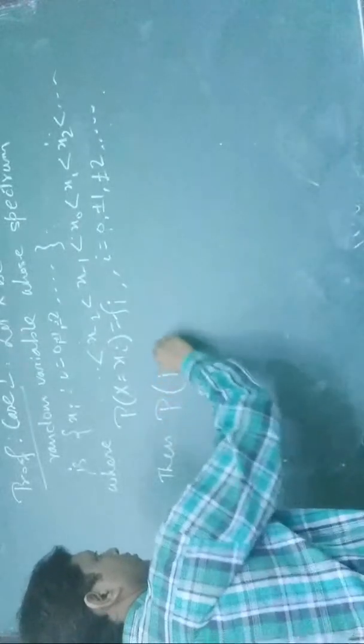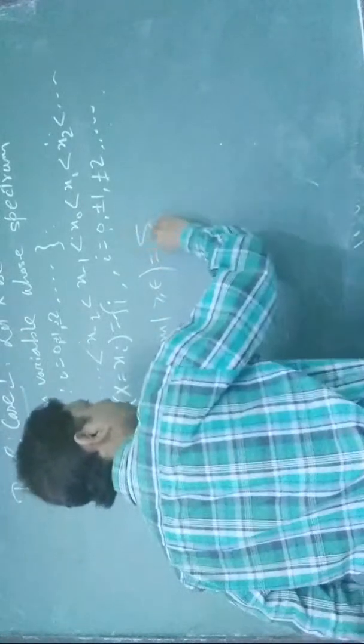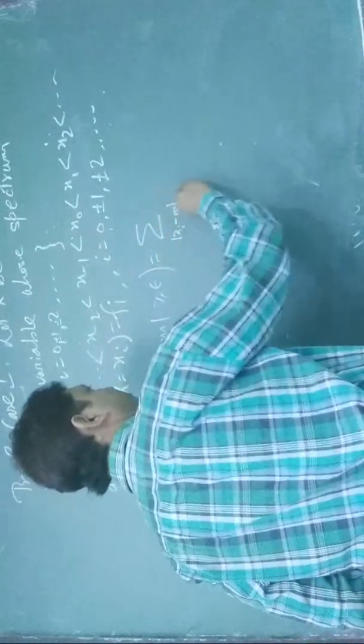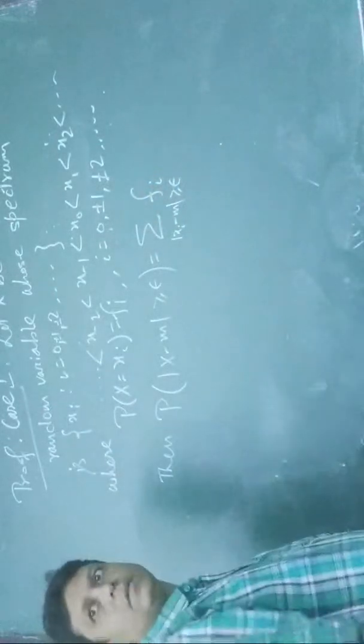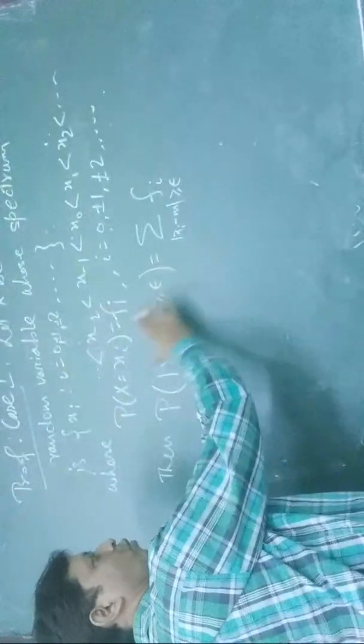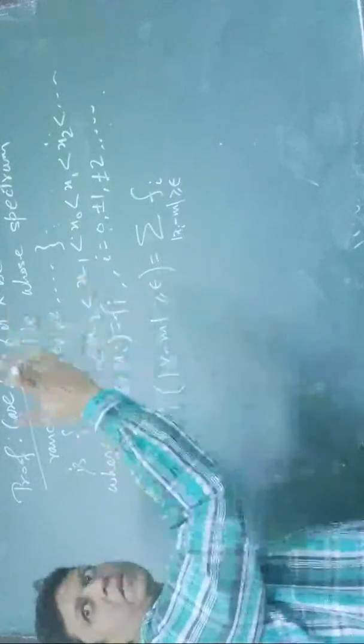Now probability of mod x minus m greater than or equal to epsilon, you can write as summation over mod xi minus m greater than or equal to epsilon of fi. For the discrete case you can write this because you are considering those xi whose modulus deviation is outside the range of m minus epsilon and m plus epsilon.